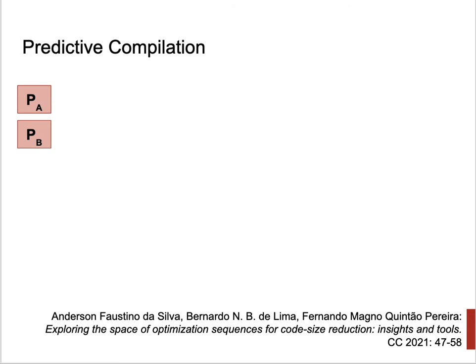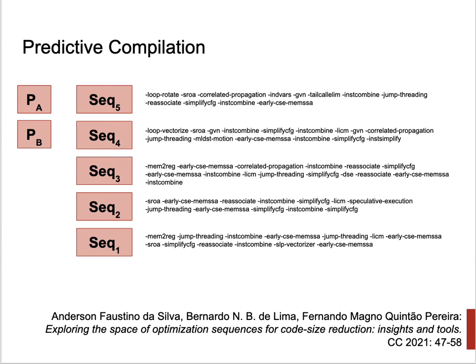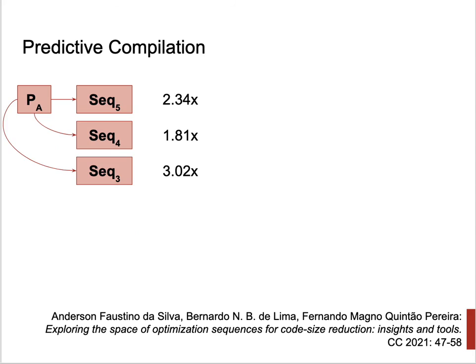And so, going back to the problem of predicting the best optimizations for some program, we want to treat different programs differently. Perhaps the best sequence of optimizations for program PA is not the same as for program PB. And we need to associate each program with a good sequence of optimizations out of a large set of candidate sequences. So, we want to design a mechanism to predict the benefit of different sequences of optimizations on programs, but we don't want them to deliver always the same average for all the programs.